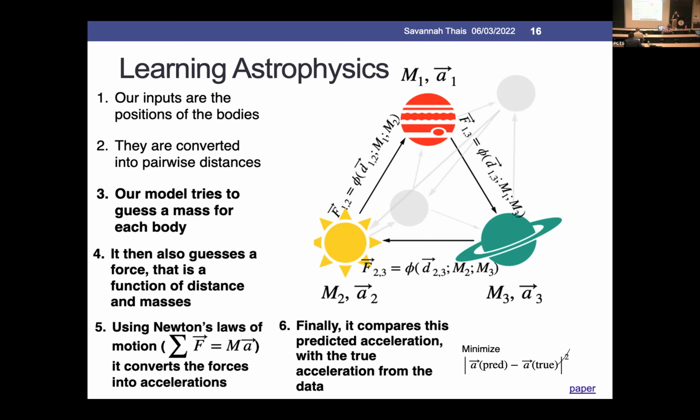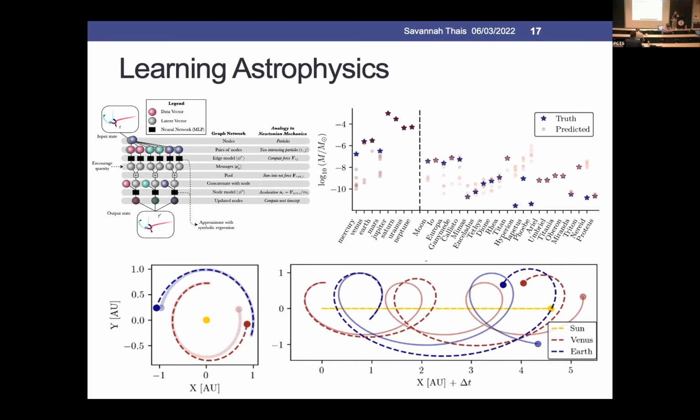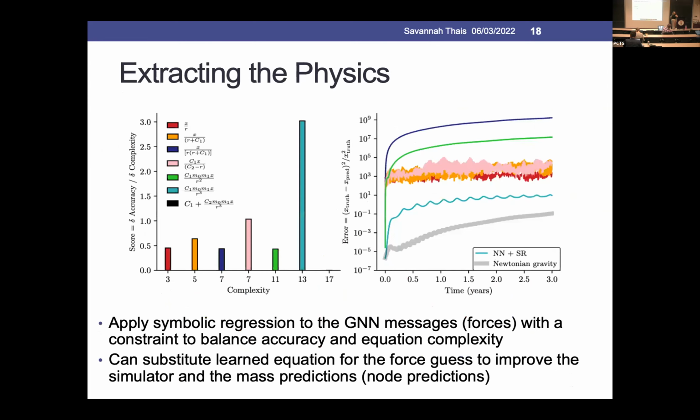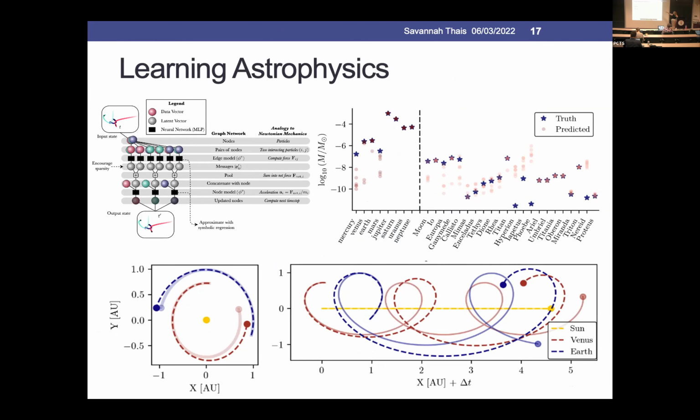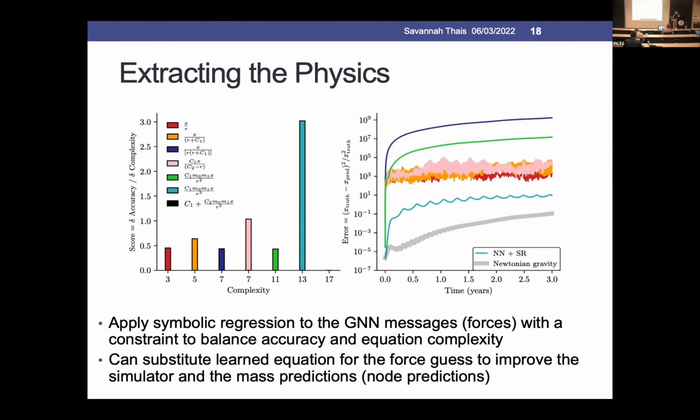And, unsurprisingly, because it's the right answer of gravity, it makes the model work better. You get a better mass prediction. I don't actually have their plot, but once you've incorporated the actual force equation, your GNN learns much better mass guesses because you're telling it how gravity works.